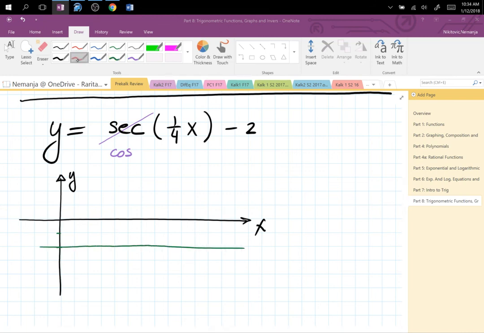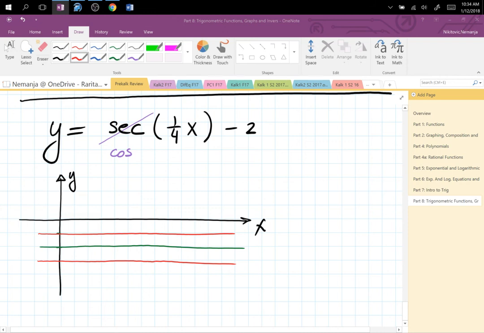And then I need my reds 1 unit up and 1 unit down. So those are my reds. Period is 2 pi divided by a quarter, which is 8 pi. Woohoo! And the start point is at 0, because when you set 1/4 x equal to 0, you get 0.